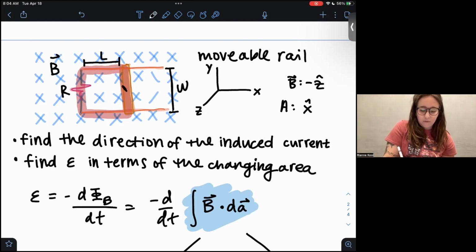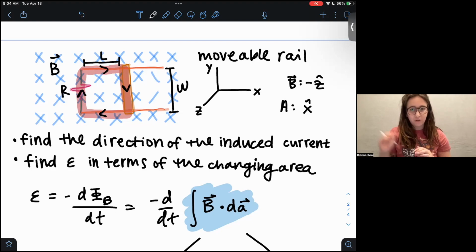So we want a current that induces a magnetic field that goes into the board to get it back to the way it was before. So our current goes down like this, and then our magnetic field is going into the board, and that's exactly what we want.